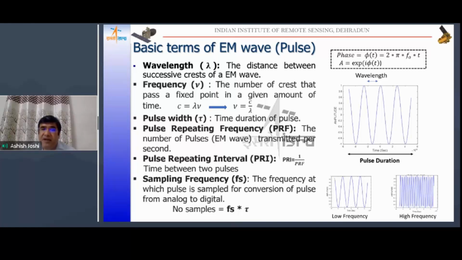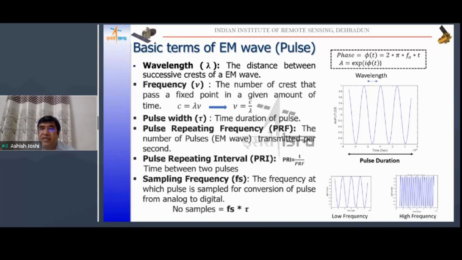The sampling frequency is the frequency at which the pulse is sampled for the conversion of the pulse from analog to digital. So when we are converting the pulse from analog to digital, we have to use some sampling frequency. We have to sample the data.